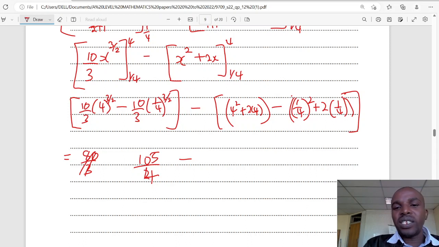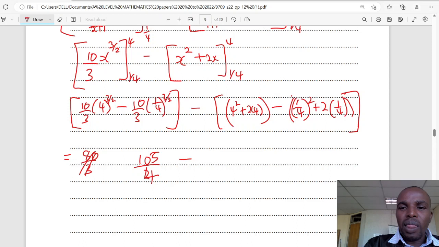Minus, then this side you can punch inside the brackets. Let me put the big bracket. Then I put 4 squared, which is 16, plus 2 times 4, which is 8. This one is supposed to be 24.